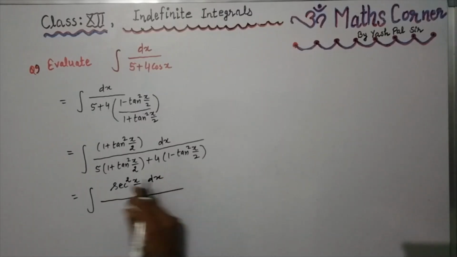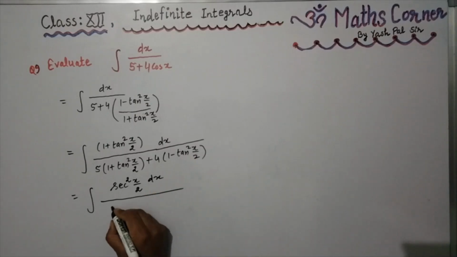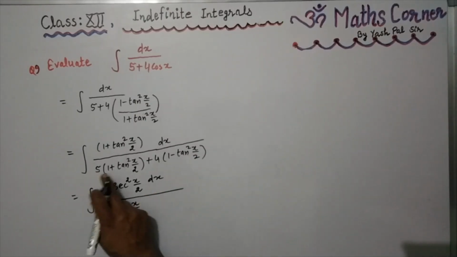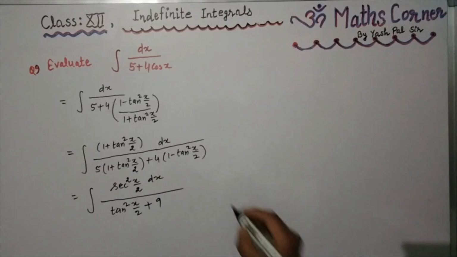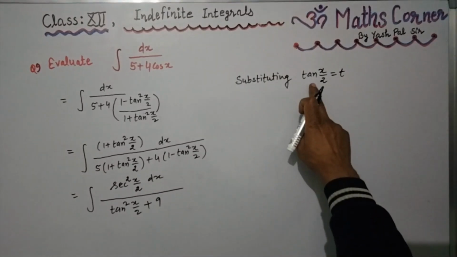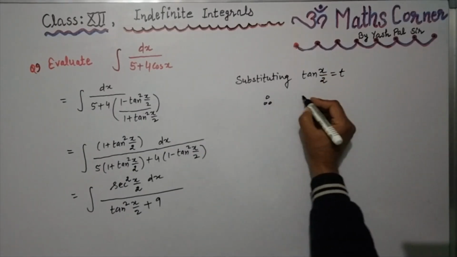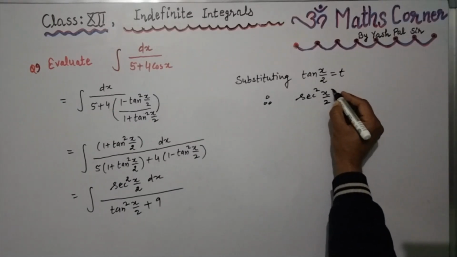So 5 into 1 plus tan square x by 2 plus 4 into 1 minus tan square x by 2. What is 1 plus tan square x by 2? This is secant square x by 2, secant square x by 2 into dx. In the denominator, 5 tan square x by 2 minus 4 tan square x by 2 becomes tangent square of x by 2 plus 5 plus 4 is plus 9, right?